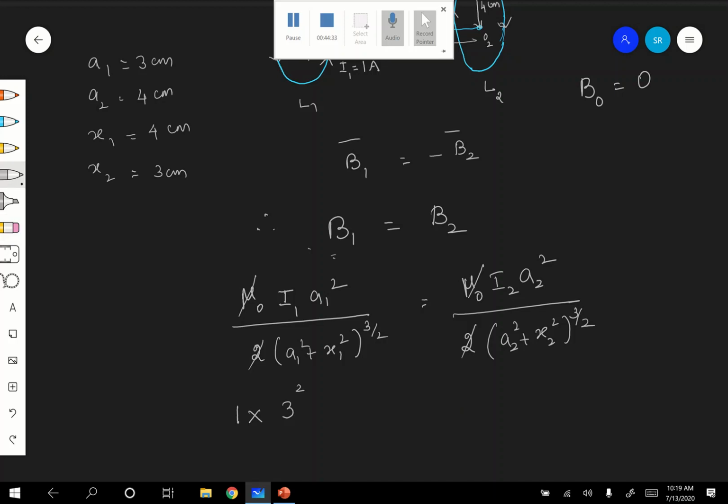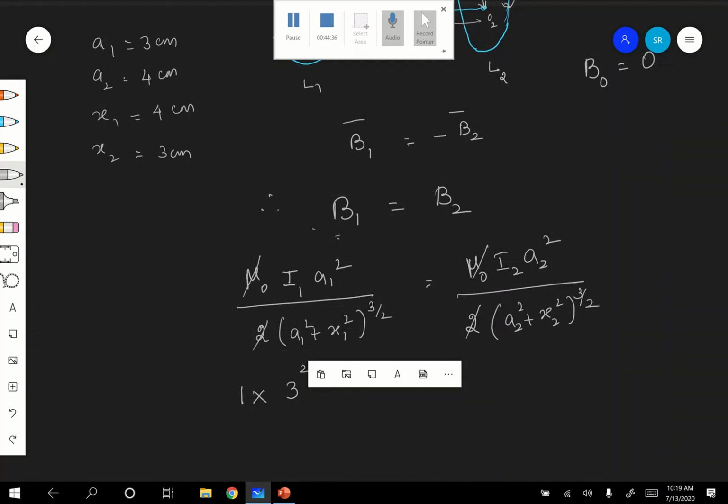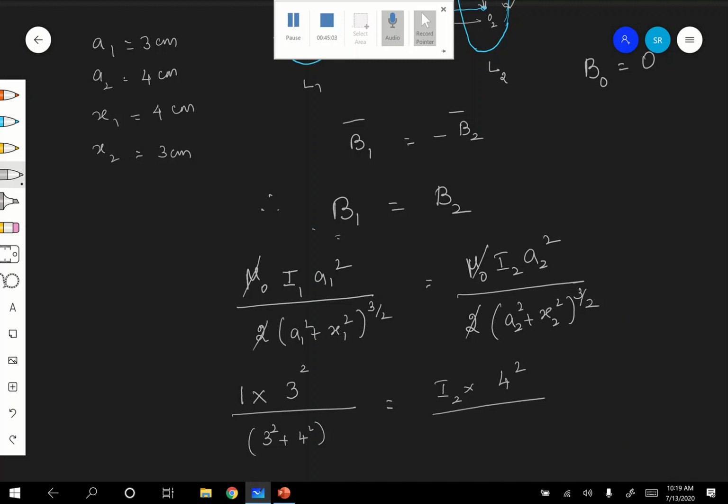A1 squared divided by (A1 is 3, so 3 squared plus x1, 4 squared), everything in centimeter, that is equal to I2 into, for A2 is 4, therefore 4 squared divided by 4 squared plus 3 squared, the whole power 3 by 2.